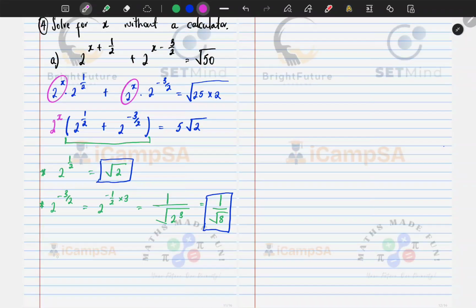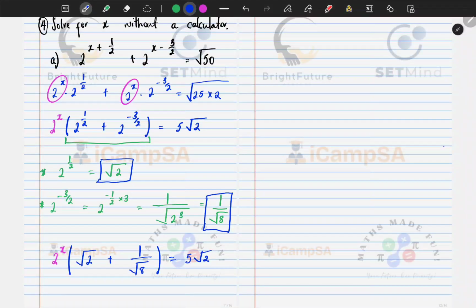So we're still going to have 2 to the power of x into root of 2 plus 1 over root of 8, which equals 5 root 2.